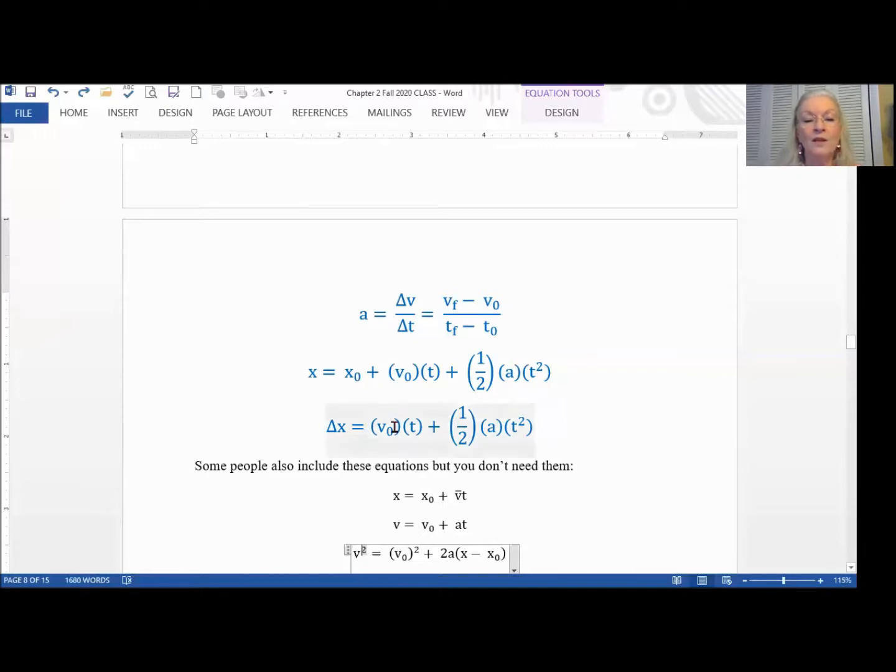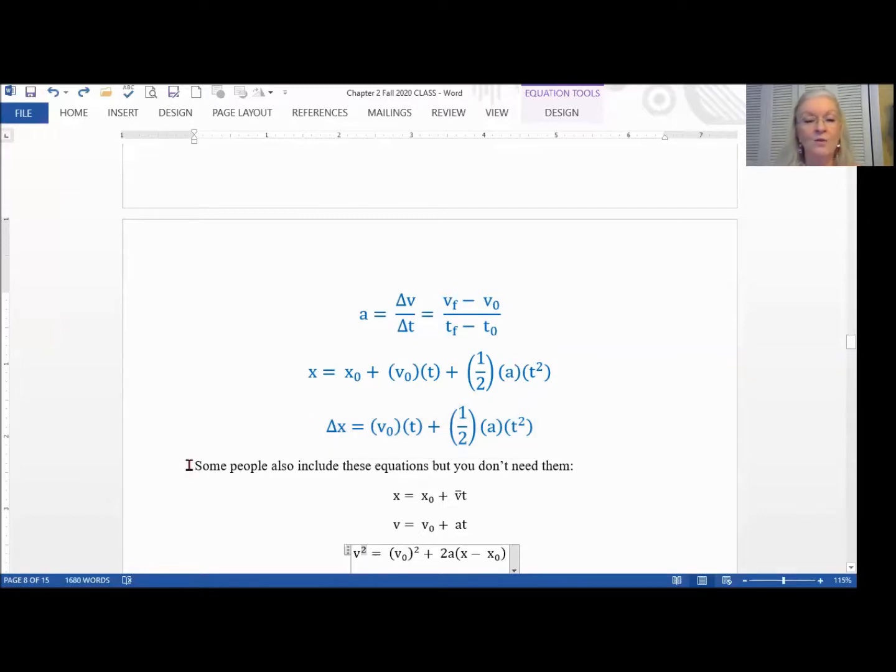Notice that I put things in parentheses. You really, really, really need to do that so you can keep up with the subscripts and the units when we write things down and just exactly what's being squared. If you leave the parentheses out, sometimes you think you have to square the whole thing when it's just the time that's being squared. So keep up with those parentheses.